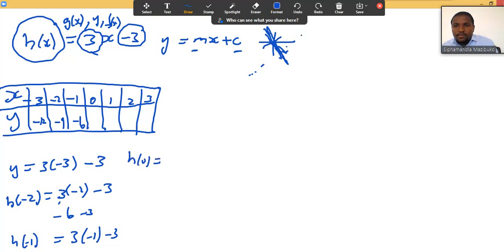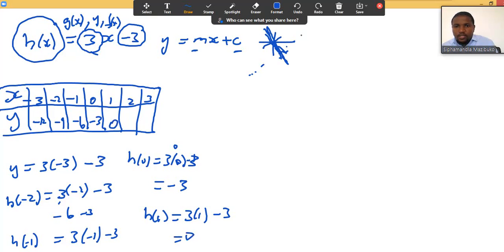We have 3 times 0 minus 3, which is 0 minus 3, so this is minus 3. Okay, let's look at 1 now. h at 1 is equal to 3 times 1 minus 3. This is 3 minus 3, which is 0.